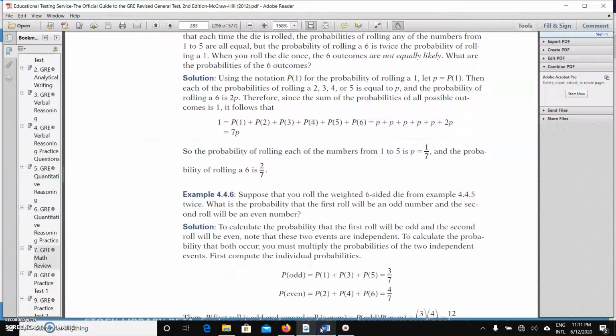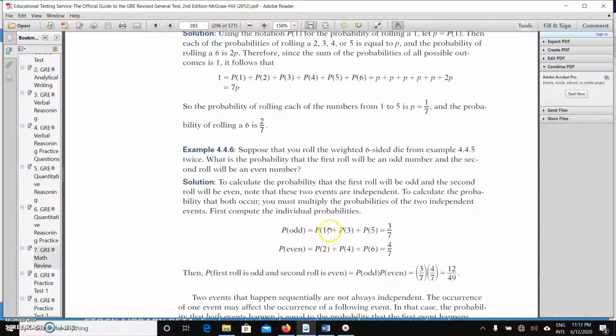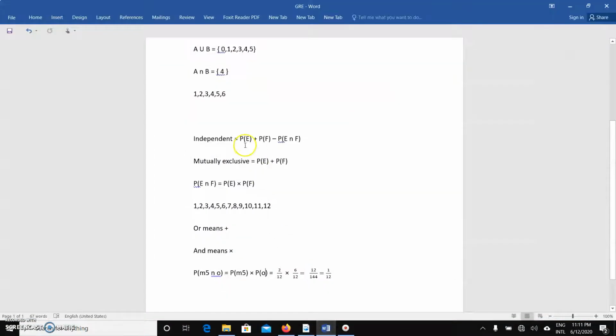Same for odd numbers, P1, P3, P5, those are the odd numbers, that will be 3 over 7 rather. I made a mistake. The mistake is that this kind of question is different. Probability of 1, 3, and 5, those are 3.